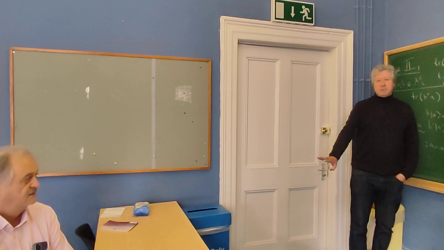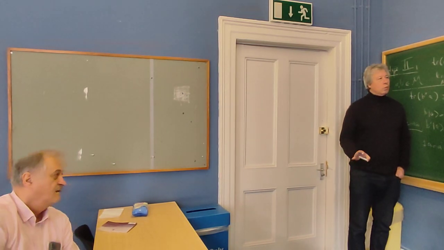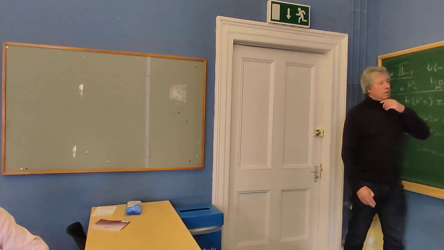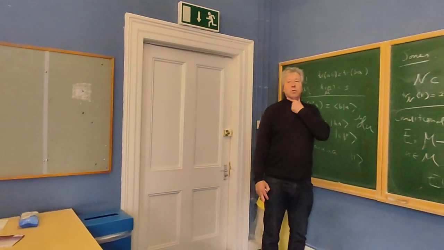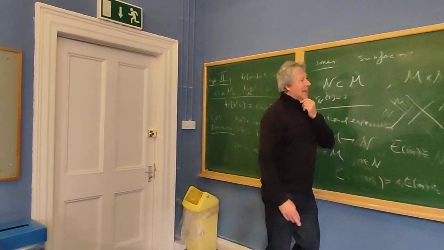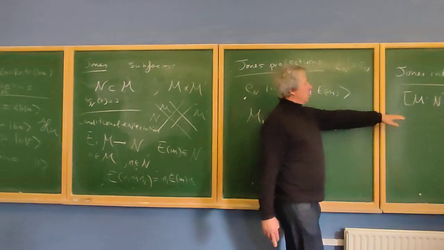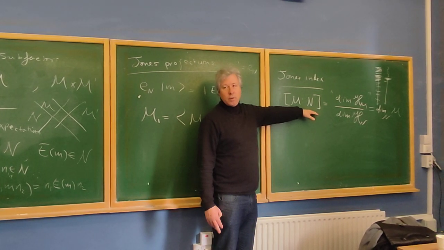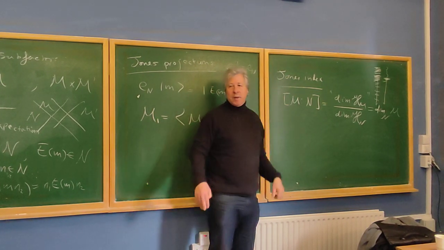Gelfand, 1949. In a certain way, I think, of course, Jones knew all that stuff, but he extended it with a new idea, which is this index. And the program that he set out to do is to classify all the possible numbers that this thing can have. So it's a positive number. You can think about it sort of as a dimension.